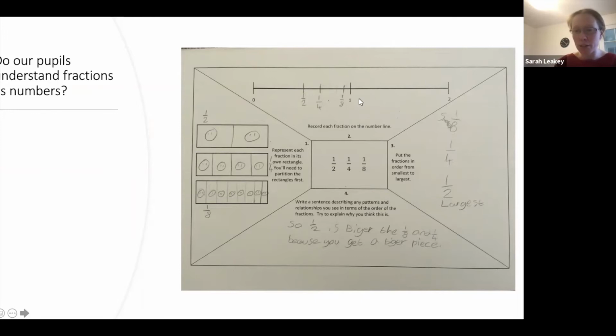But what I find most interesting, and this happened in every single example that I gave to the pupils in terms of this number line, is sometimes pupils were able to identify 1/2 here, but if you look at where 1/4 and 1/8 goes, these aren't correct in terms of placing these fractions on a number line. So despite the fact that they've got this understanding here, and they appear to have some understanding over here, they've got real issues with identifying fractions as numbers on a number line.